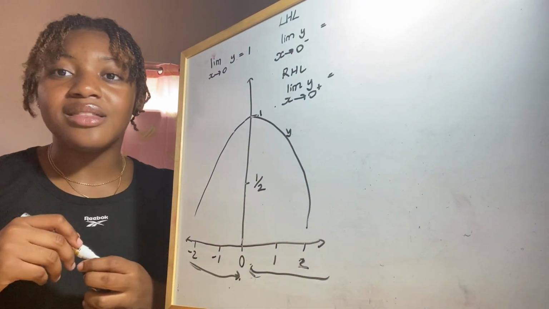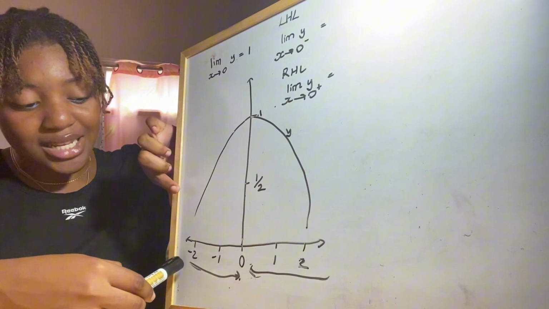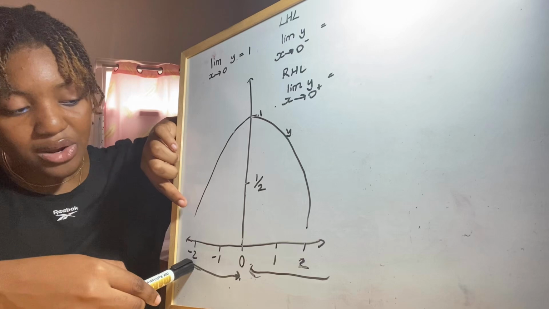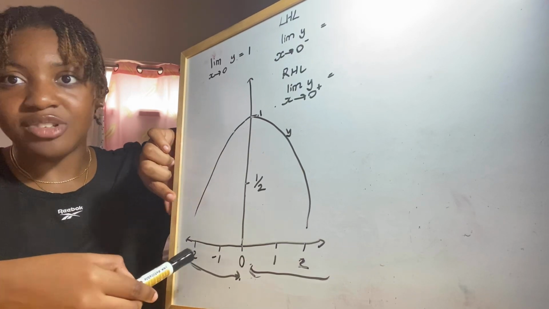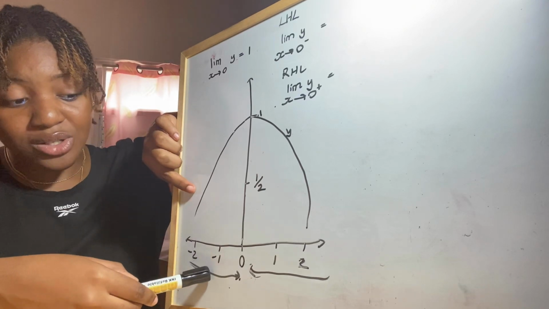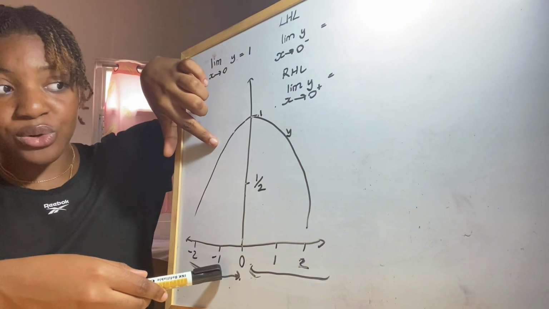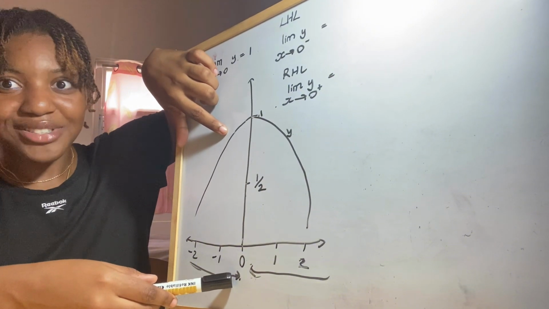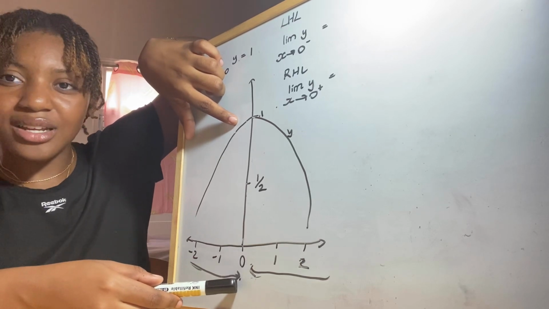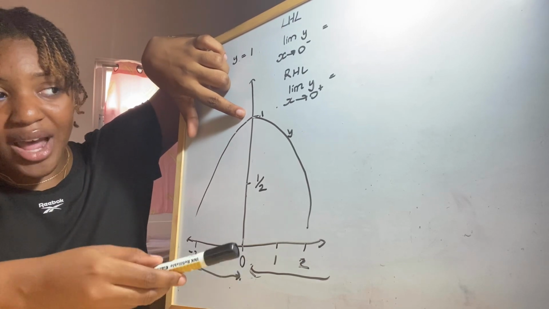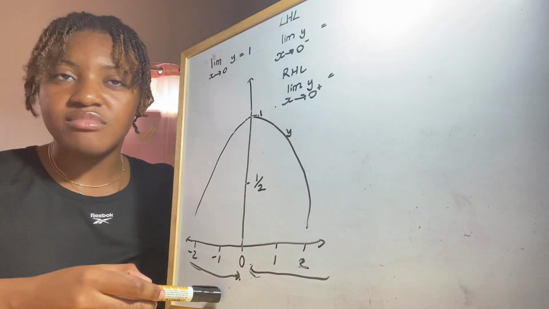So if we're trying to find the left-hand limit, we'd go to the left end, and as x is getting closer and closer to 0, we would see the graphing of y as a path until we reach the limit. So x is getting closer to 0, therefore y is getting closer to something as well. We don't know that number, but we're going to find that out. So as x gets as close as it can to 0, y gets closer to 1. And that's for the left-hand limit.